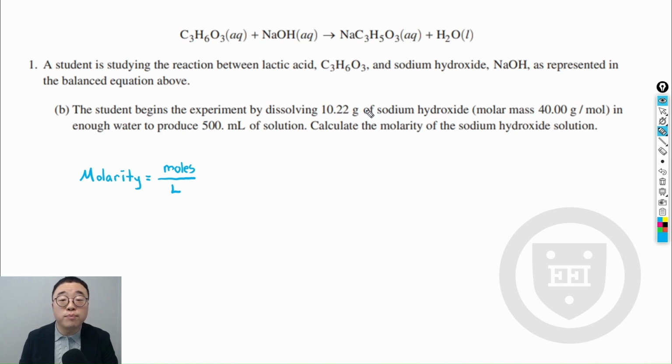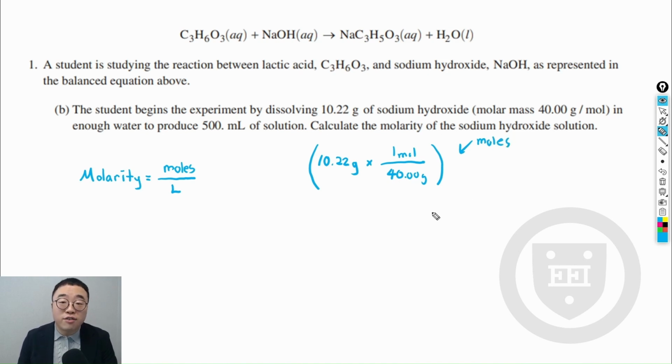So to find the number of moles, we divide 10.22 grams by its molar mass. And we end up with the number of moles.